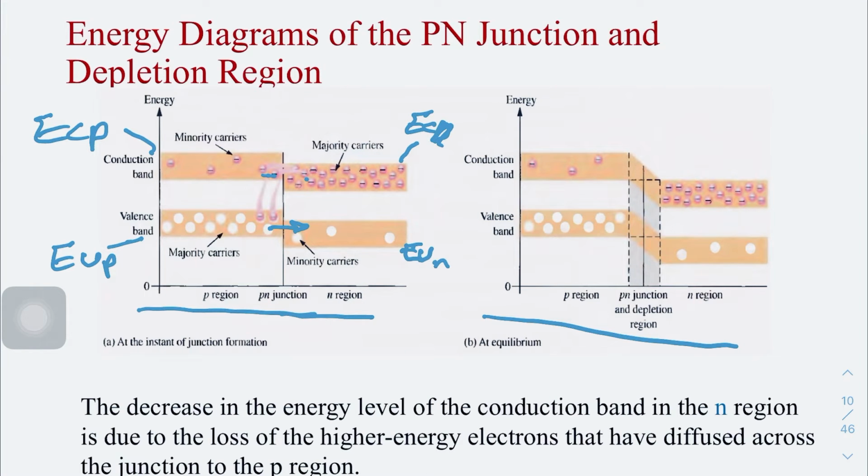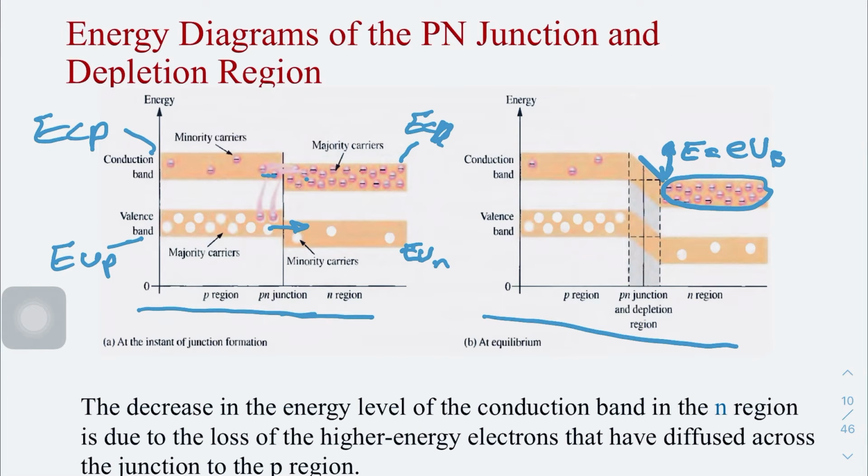This potential barrier is equal to E equal to eVB. And therefore, by creating this potential barrier, electrons from the conduction band of the n side cannot go to the p side, because they need an amount of energy equal to E to rise and go from the n side to the p side.